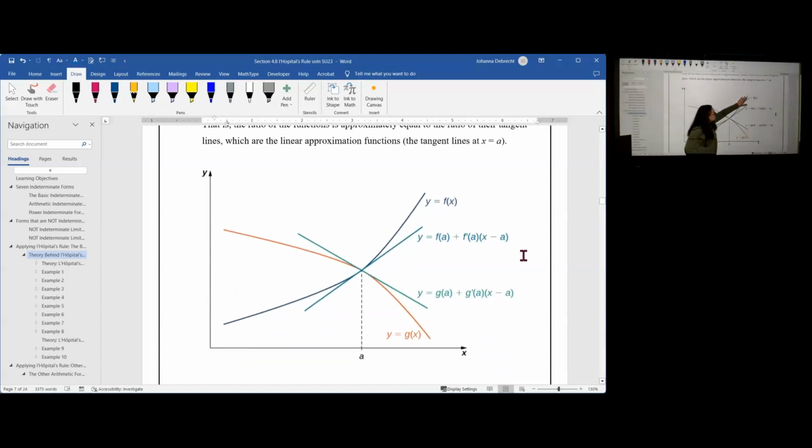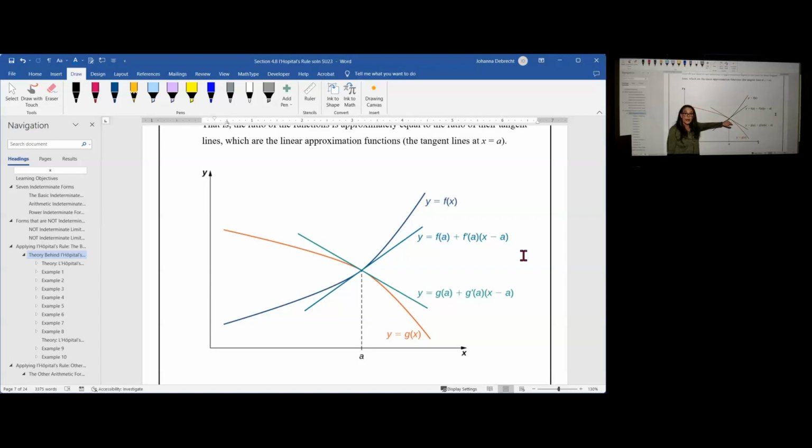The true function is here in dark blue. It's an increasing function from left to right. We have 2 functions whose ratio gives us this graph, f of x and g of x. At the point A, we have an intersection of all 3 graphs.